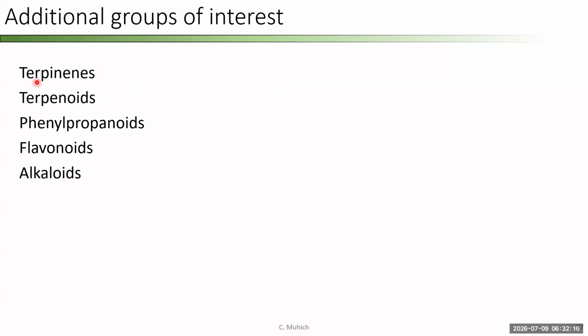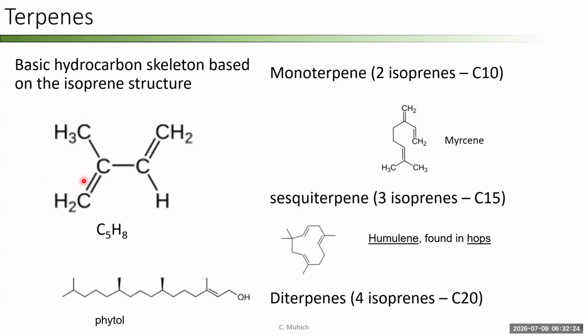These are terpenes, terpenoids, phenylpropanoids, flavonoids, and alkaloids. So let's start with terpenes. A terpene is one of the basic hydrocarbon skeletons used by biological cells for production of various compounds.